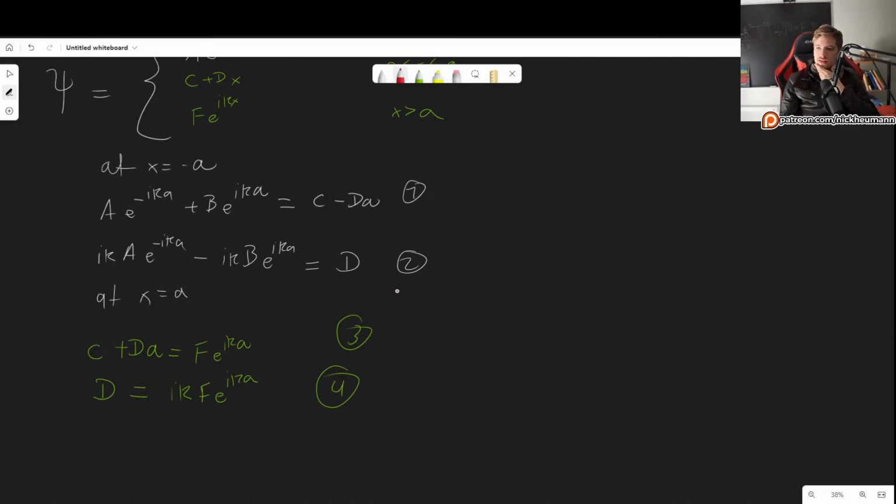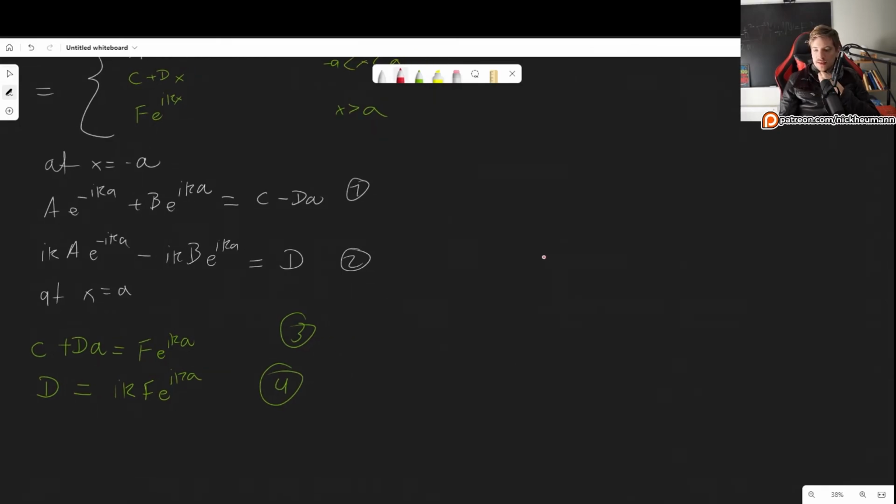So something we can see right away is from equations 1 and 3, we have c plus dA, c minus dA. So it seems rather simple if we take, for example, equation 1 plus equation 3, then we get a e to the minus ika plus b e to the ika plus f e to the ika. This is equal to 2 times c.